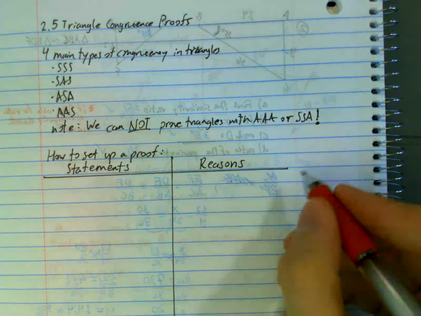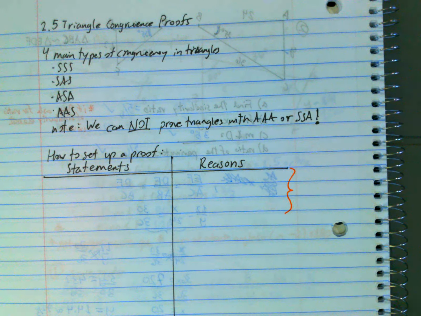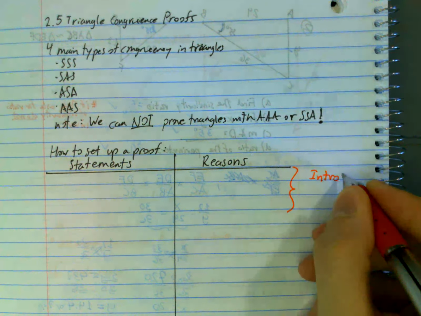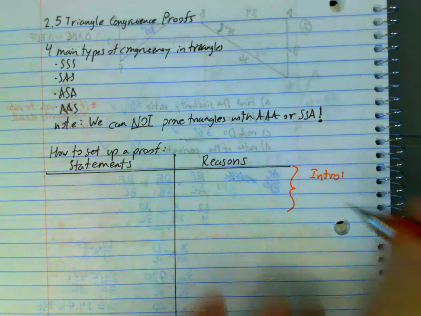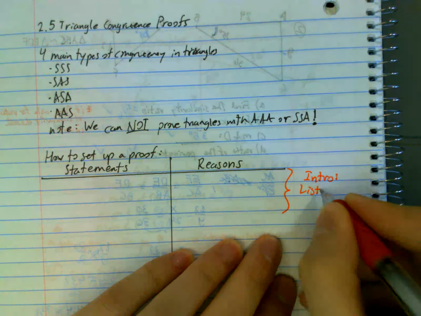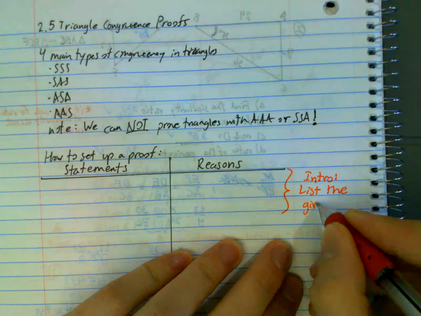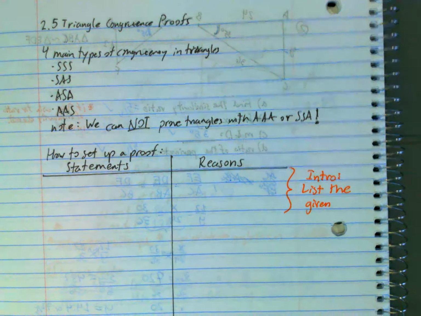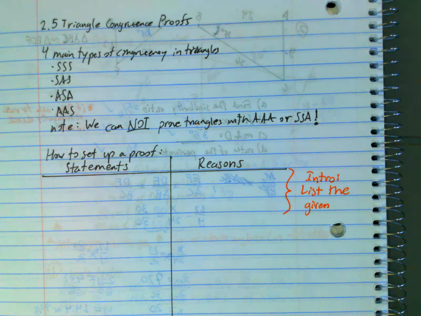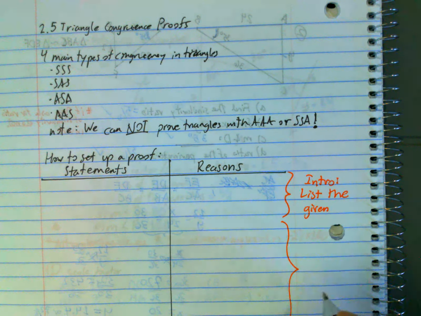Right here is usually the intro part. What classifies as an intro is the list, the givens. Givens are basically anything they give us at the start of the problem. It's pretty self-explanatory. Okay? The middle is referred to as the body.